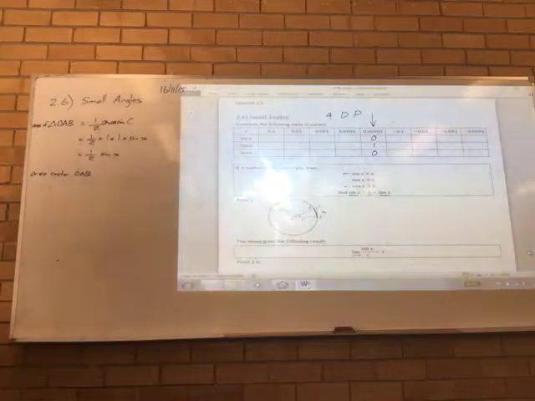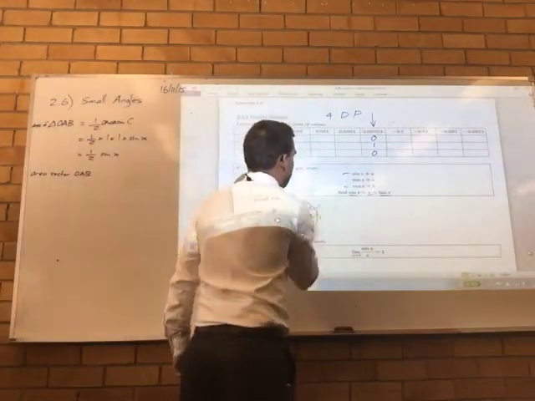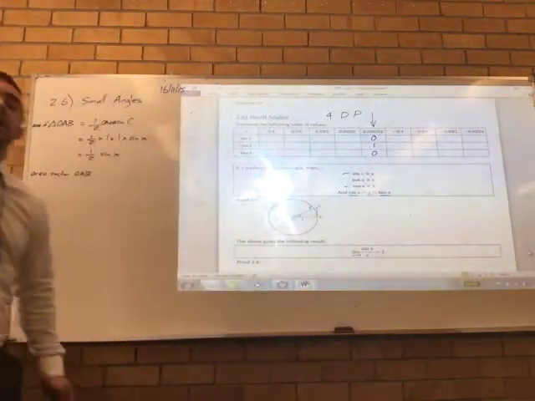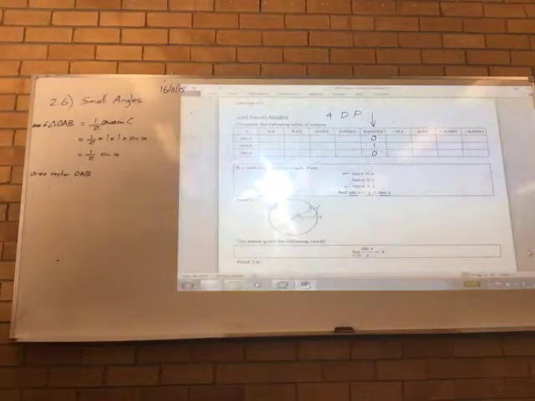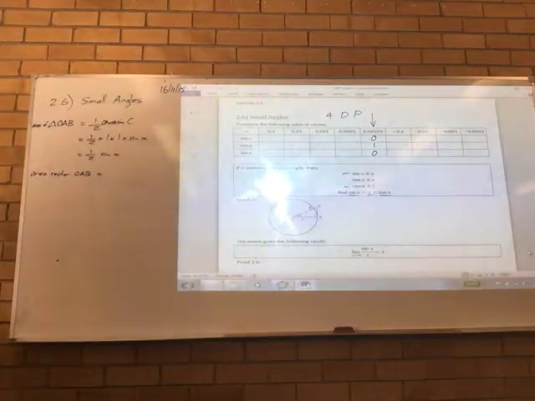Now we're going to look at the sector OAB. The area of the sector OAB is going to be slightly larger than the area of the triangle OAB. Who remembers the formula for the area of the sector?